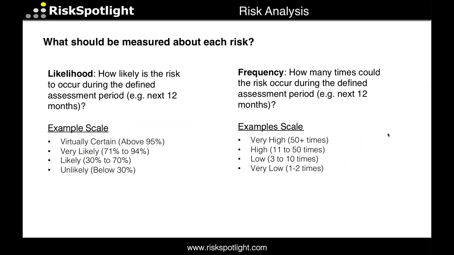So in terms of measurements, here are some of the common measurements used for operational risk analysis. Some organizations use likelihood, which is how likely the risk is to occur during the defined assessment period. If our outsourcing is going to last for the next 3 years, we could say we want to identify all the risks for the next 3 years.